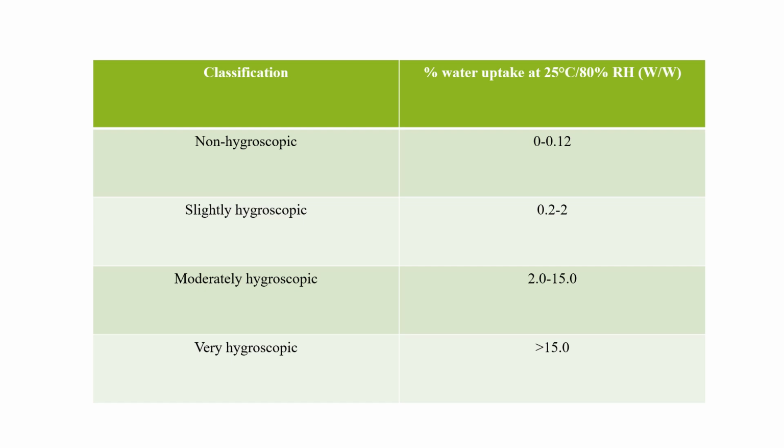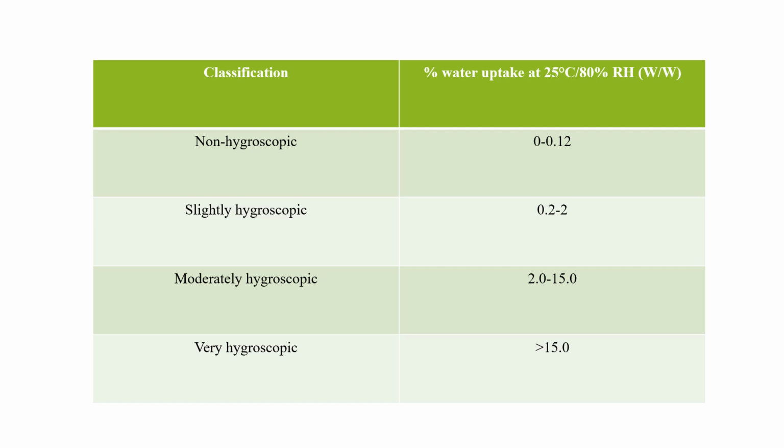Non-hygroscopic compounds show 0 to 0.12% water uptake. Slightly hygroscopic compounds show 0.2 to 2% water uptake, moderately hygroscopic compounds show 2.0 to 15.0% water uptake, and very hygroscopic compounds show more than 15.0% water uptake. I think you should remember this.